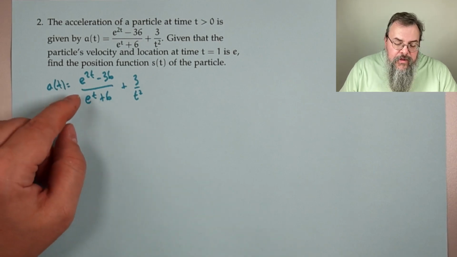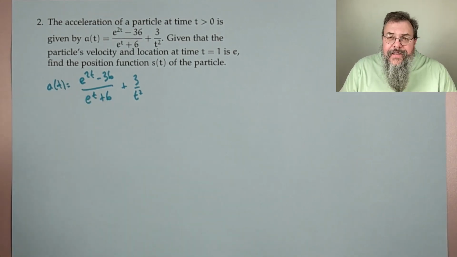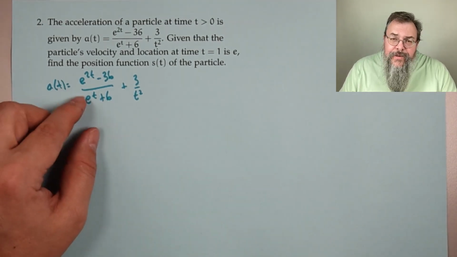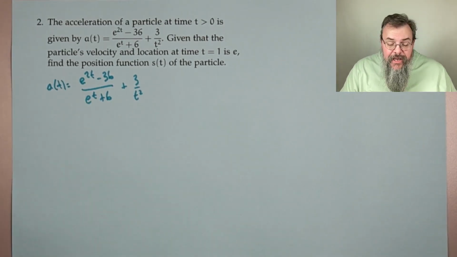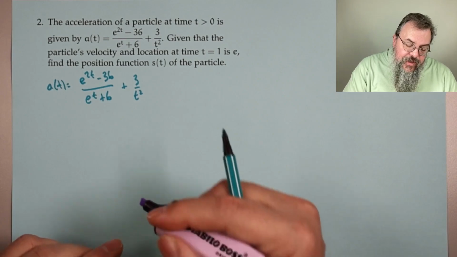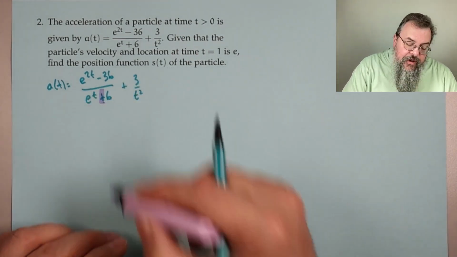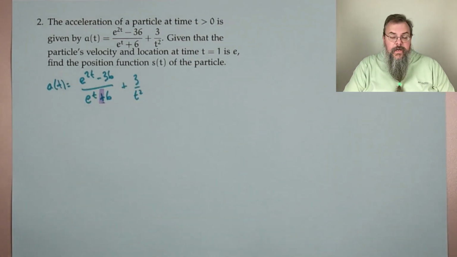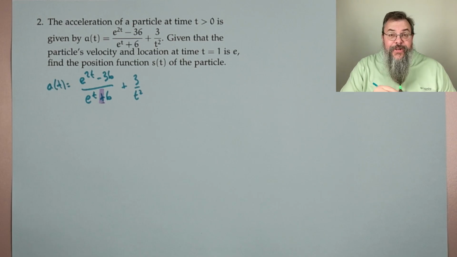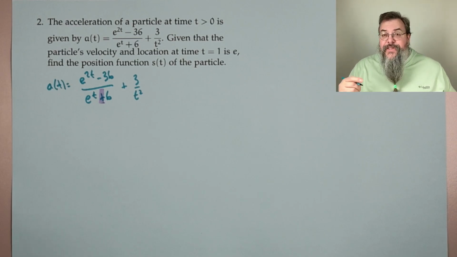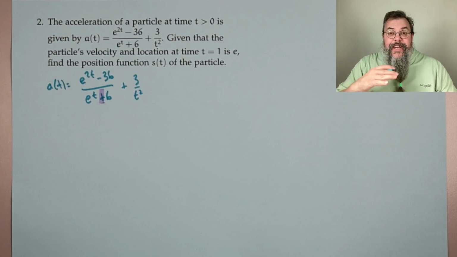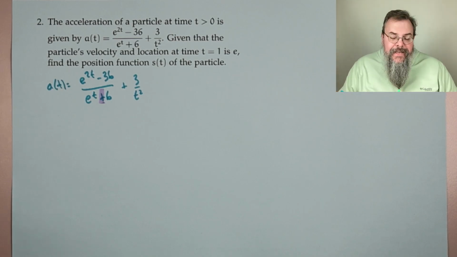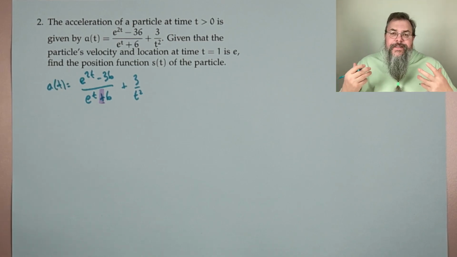Now, the 3 over t squared, that's not so bad. This is what makes us nervous, especially whenever you see a plus downstairs. That's a hard thing to overcome. So when you see a plus downstairs, you're like, ugh, what can we do to be okay? And so we say, okay, well, is there anything we can do?